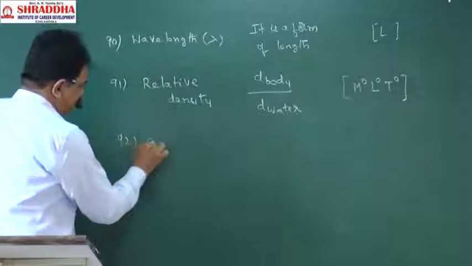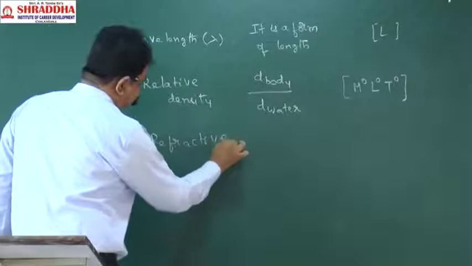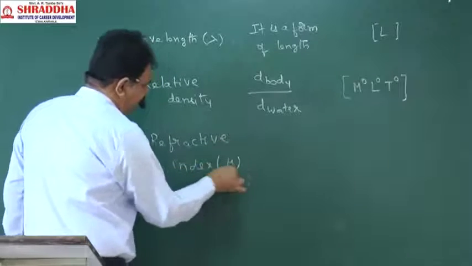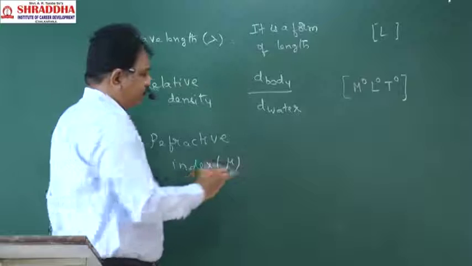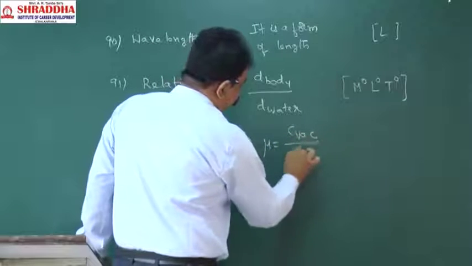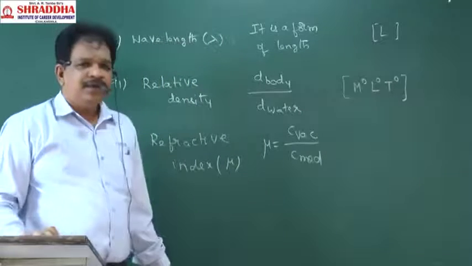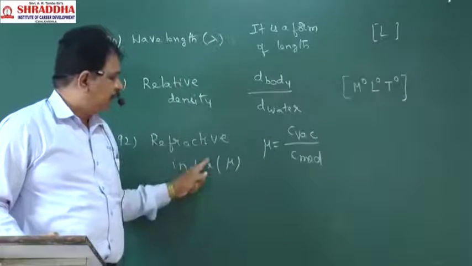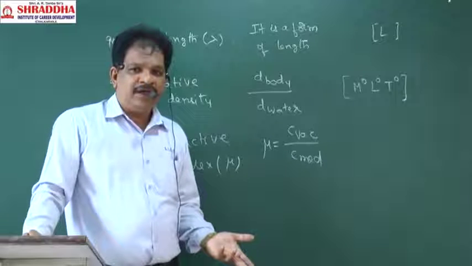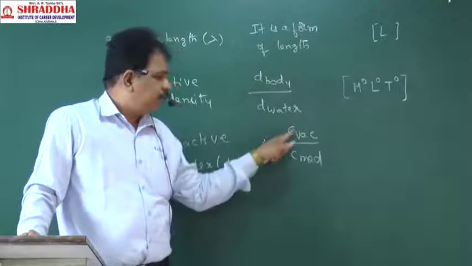Next, last, refractive index. It will come in the optics part, the light part. Refractive index is the velocity of light in vacuum by the velocity of light in the medium.